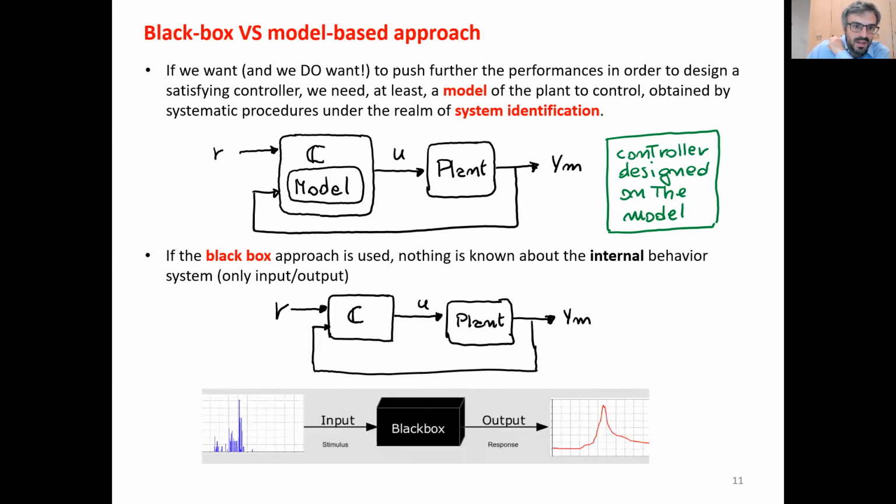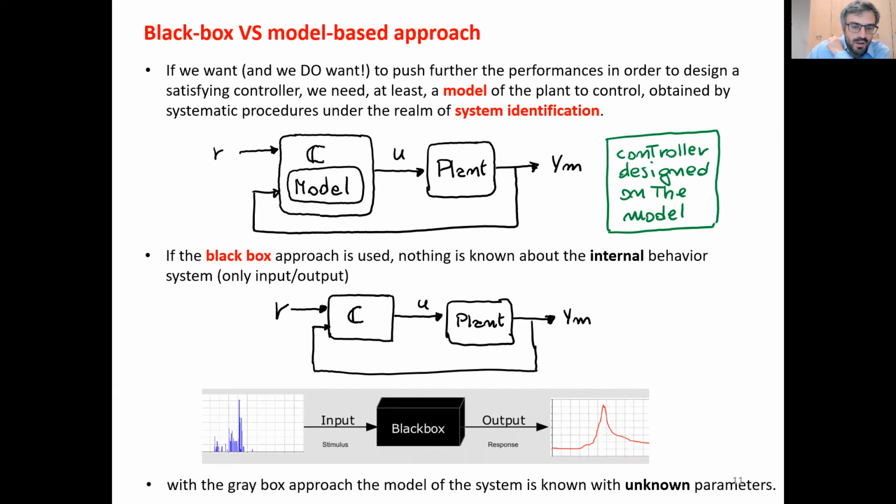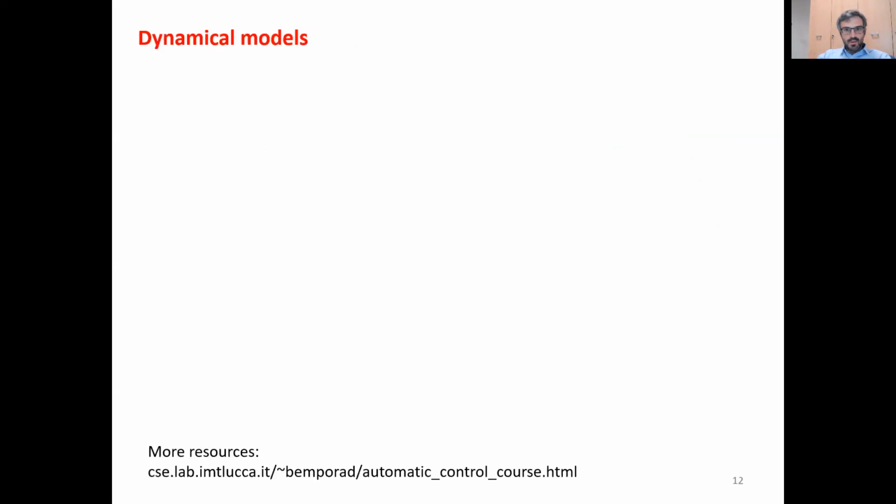Something in the middle is the gray box approach, where the model of the system is known but with unknown parameters. In the black box approach, you just look at the response: you provide some input, measure the output, and try to find and learn the correlation. Everything is clear?